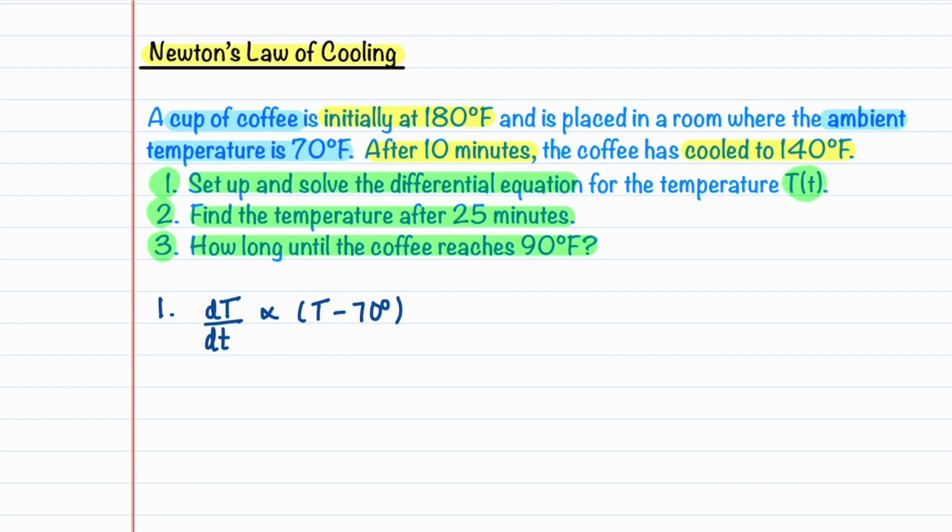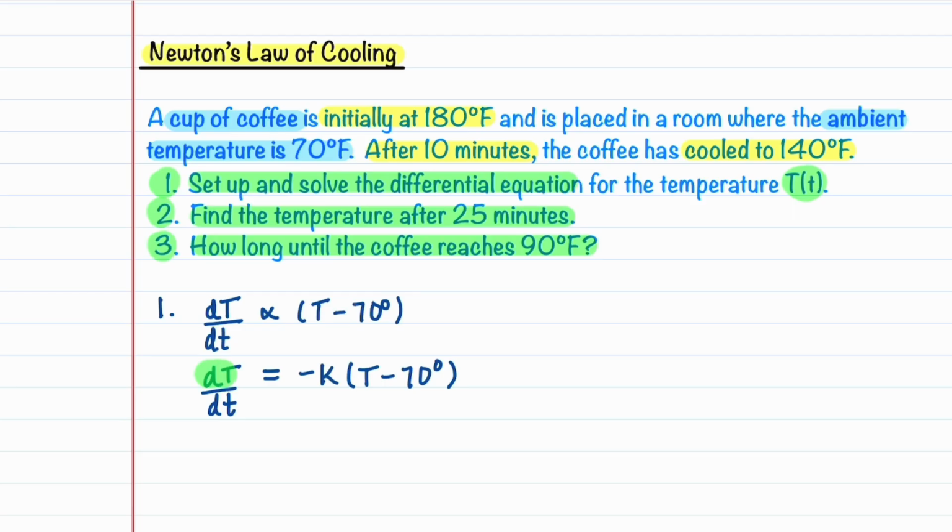This cup of coffee is going to decrease in temperature because it starts at 180 degrees, but the room temperature is 70 degrees. So we're going to assume that the change in temperature with respect to time can be written like this: minus k times T minus 70 degrees. That minus k just indicates that the temperature is going to be decreasing.